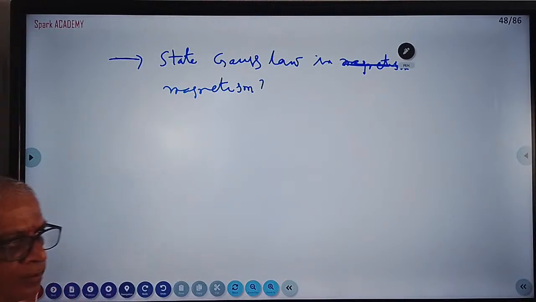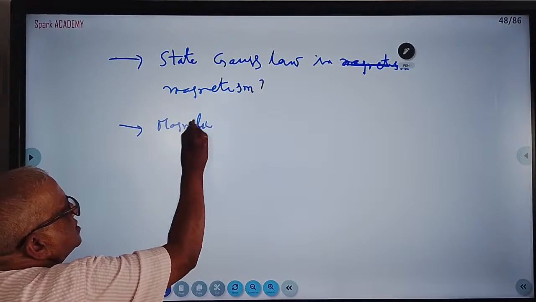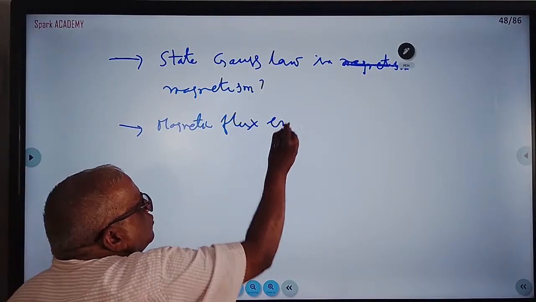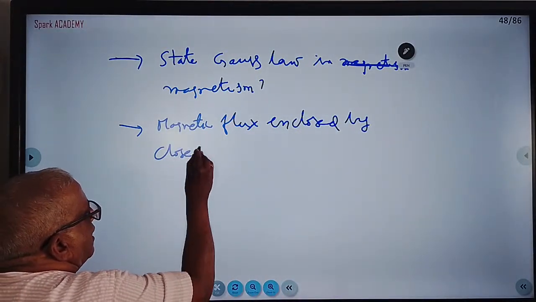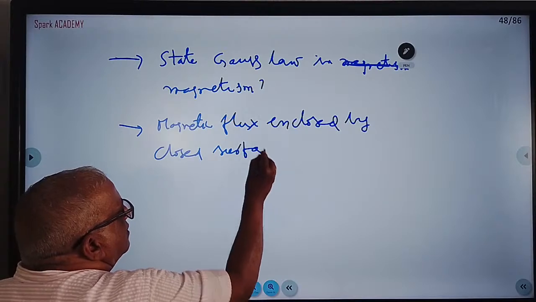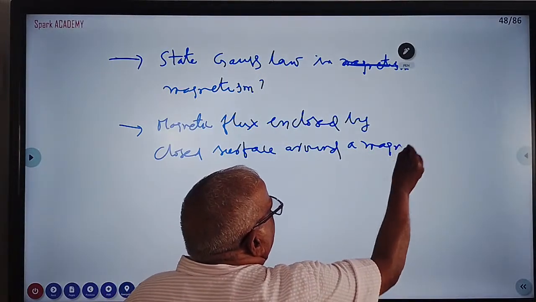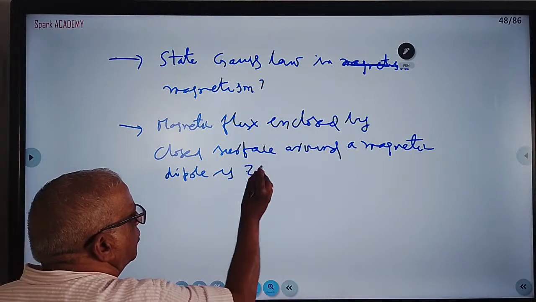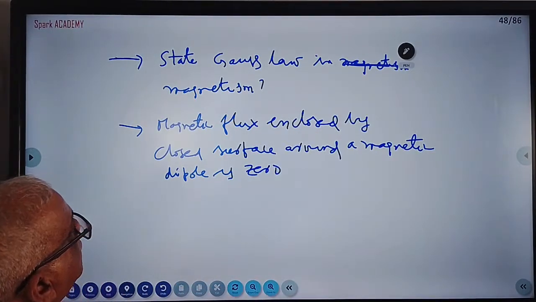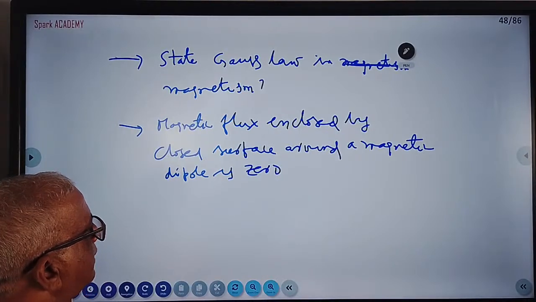I am telling you: the magnetic flux enclosed by a closed surface around a magnetic dipole is zero.